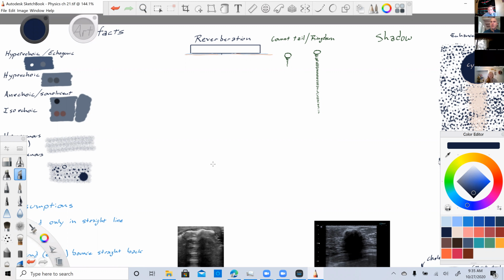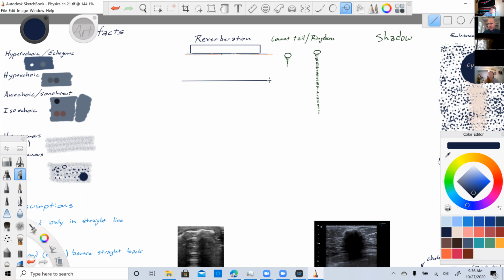An important thing to note about reverberation: I'm going to put a line here of something, let's say fascia. Let's say it's a really bright muscle fascia. This usually happens with bright echogenic barriers or interfaces. Why? Because they're probably bright because they're reflecting a lot of sound, and if they're reflecting a lot of sound, we start to notice things that we otherwise wouldn't notice.